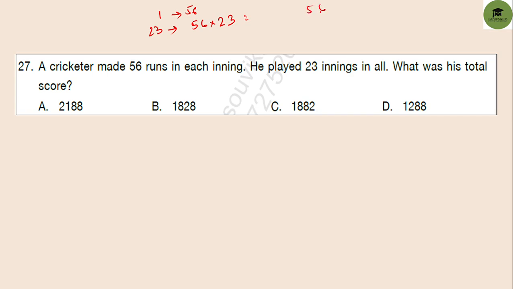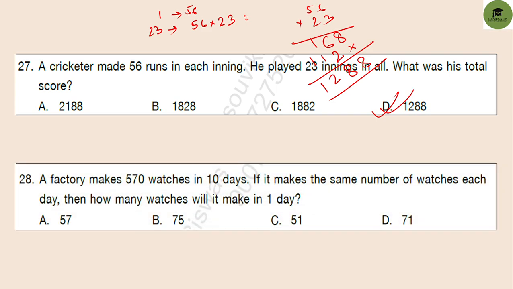So let's multiply this. The answer is 1288. So option D is your correct answer. Okay, understand?